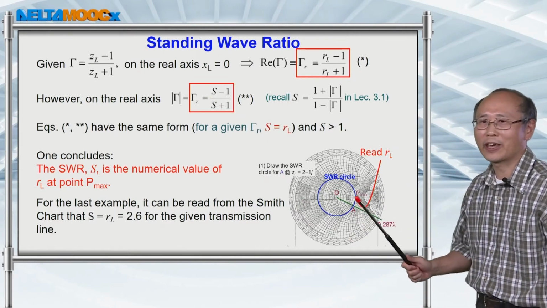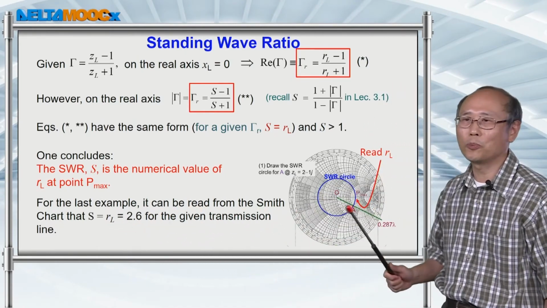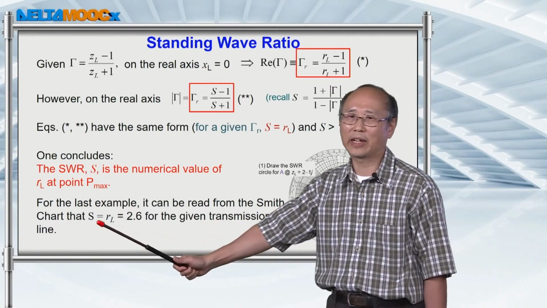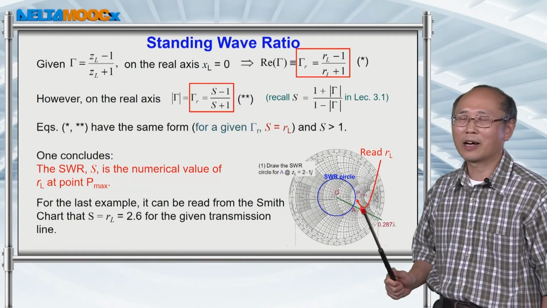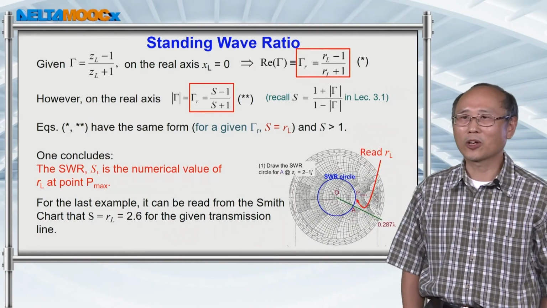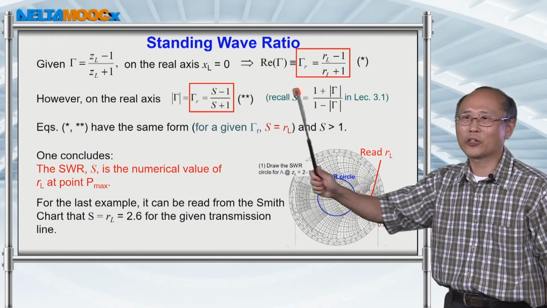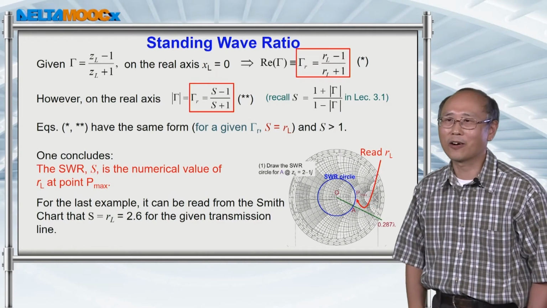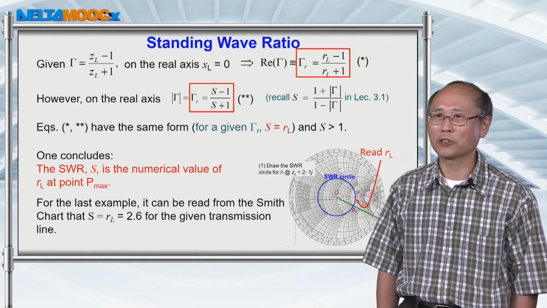For this particular case, we can read R_L equal to 2.6 at this point. And so we can claim that the standing wave ratio of this transmission line is equal to 2.6. And this is because of the same form for this expression and this expression on the real axis of the gamma chart or Smith chart.